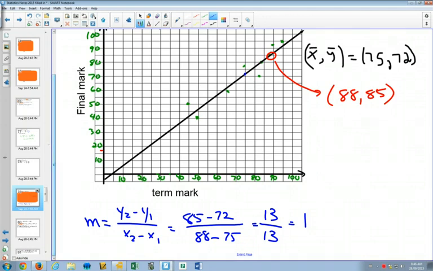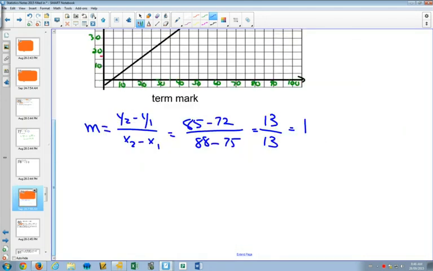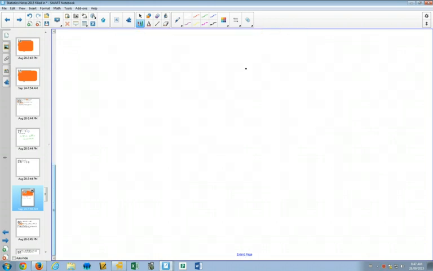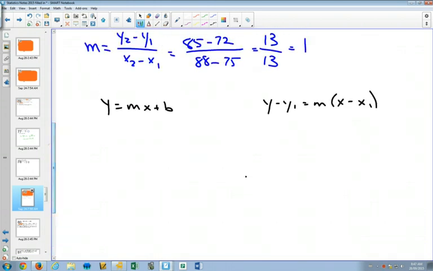Now to find the equation of your line, you have two choices. You can either use y equals mx plus b, or y minus y1 equals m(x minus x1). Chances are, in your head, when you think of a line, you probably think of y equals mx plus b first, as far as a formula goes. So I'm going to do that one first, because that's what you're going to think of first.